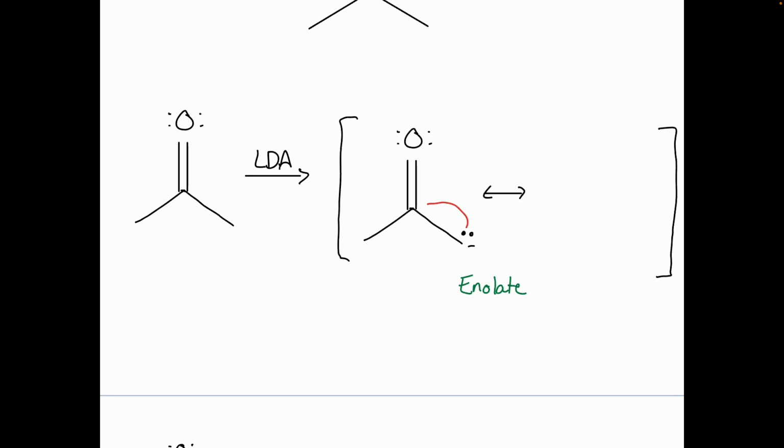So this allylic lone pair can come down, forming a double bond here. And now I have that negative charge on that more electronegative oxygen atom. So these are both the resonance contributors for this enolate ion.